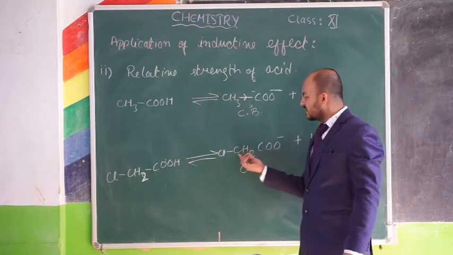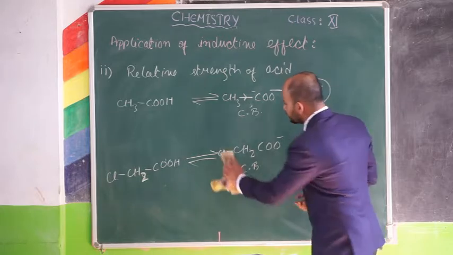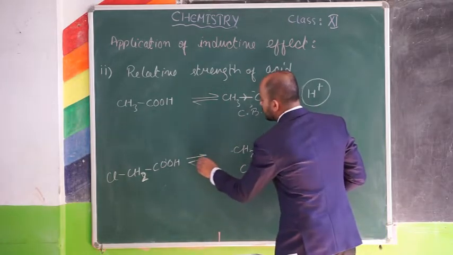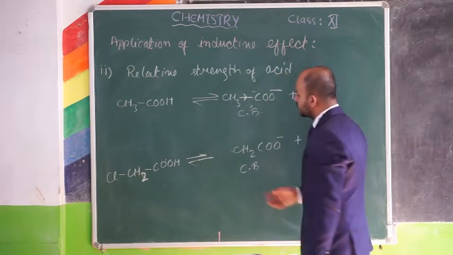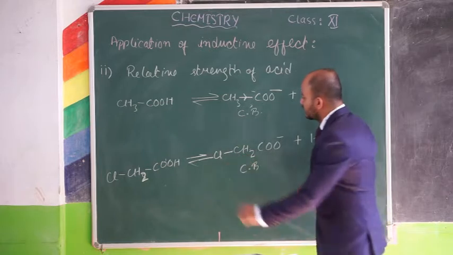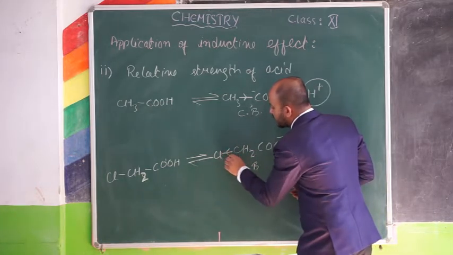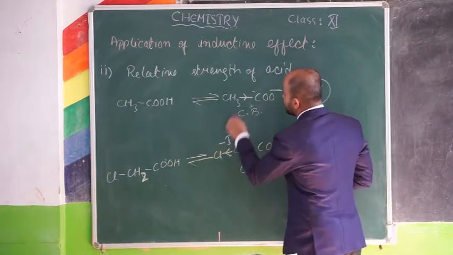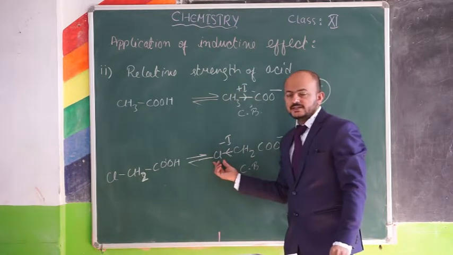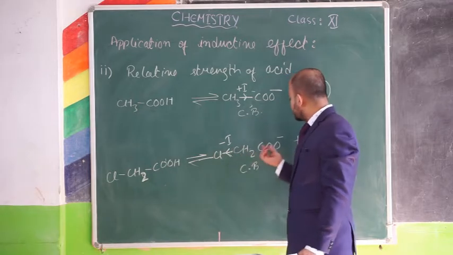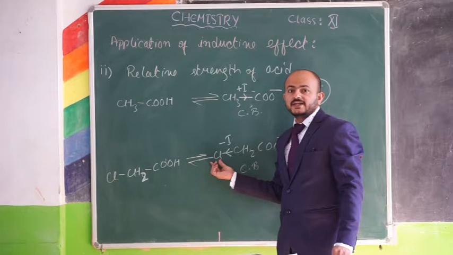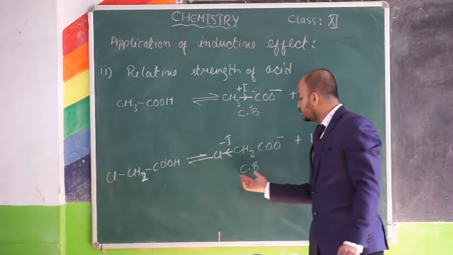Now chlorine is more electronegative than carbon, so it will show minus I effect, whereas the CH3 group was showing plus I effect. Due to the minus I effect of chlorine, it will help in dispersing this charge over the chlorine atom also. That means it will stabilize this conjugate base.